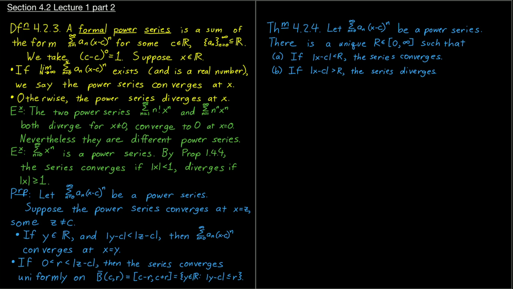There are some series that converge at c plus R and c minus R. There are some series that diverge at c plus R and c minus R. There are some that converge at c plus R and diverge at c minus R. So we've always got these two weird points where your distance to c is exactly equal to R, but for all the rest of the points, we have this very neat relationship.